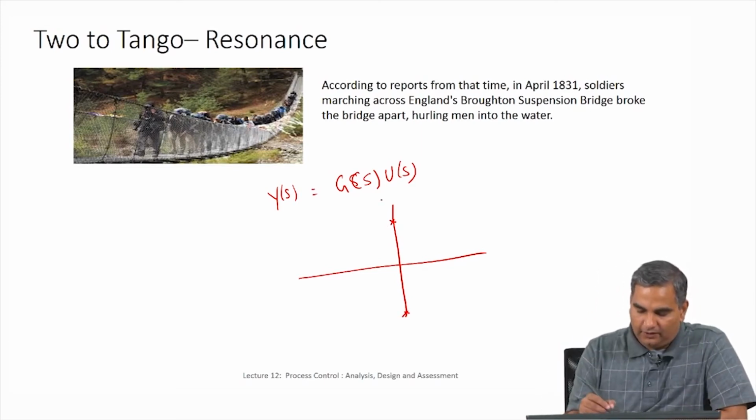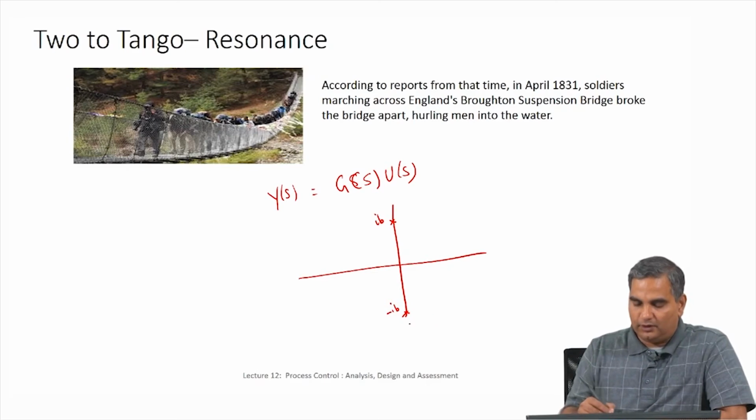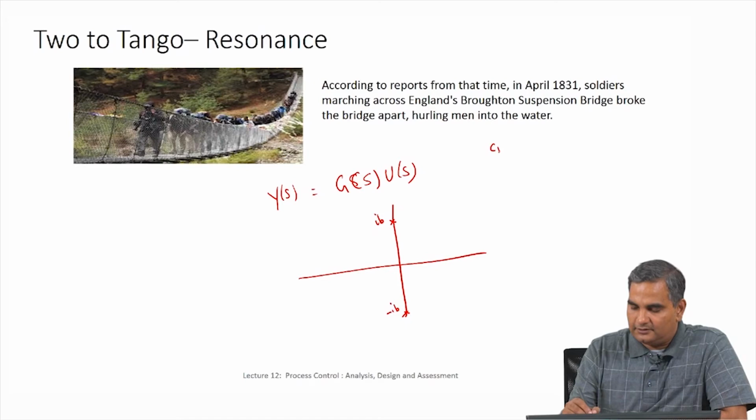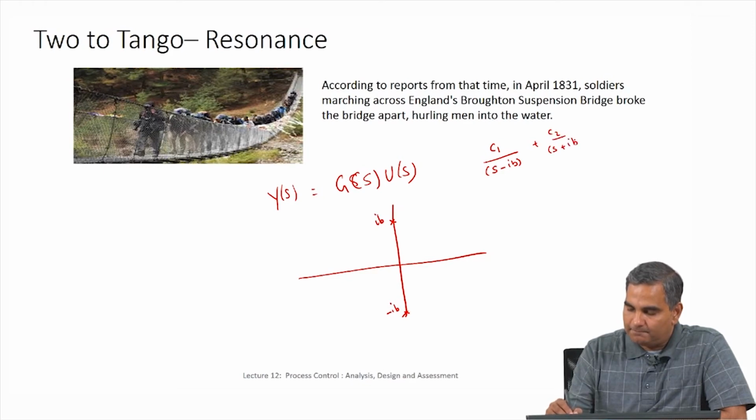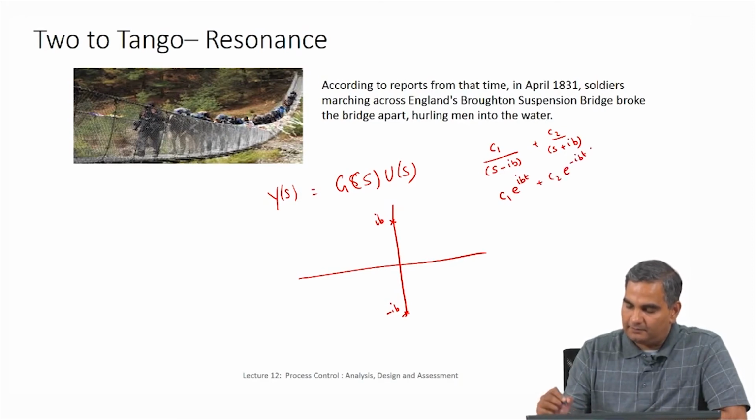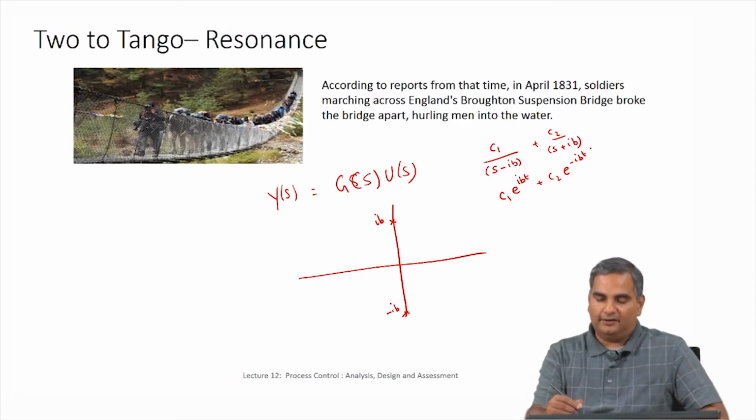Let us say these are the two poles, this is I b, this is minus I b, and for each one of these, when you do this expansion to get g of t, you will get terms like C1 divided by s minus IB plus C2 divided by s plus IB. So, this will give you C1 e power IBT, and this will give you C2 e power minus IBT, and we have already done this before.